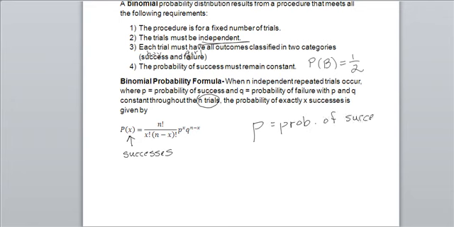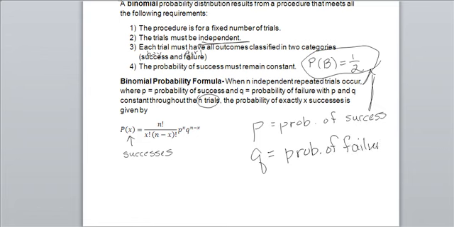So in the case of our children, the probability of having a boy was our probability of success. And then our Q is the probability of failure. So in the case above, it would have been the probability of having a girl or not a boy, which also would be 1/2. So we do note that the sum of our two probabilities, probability of success plus the probability of failure, is equal to 1.